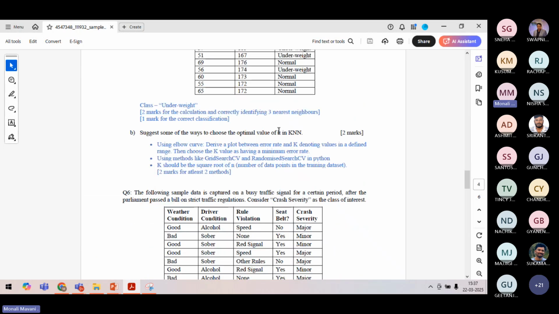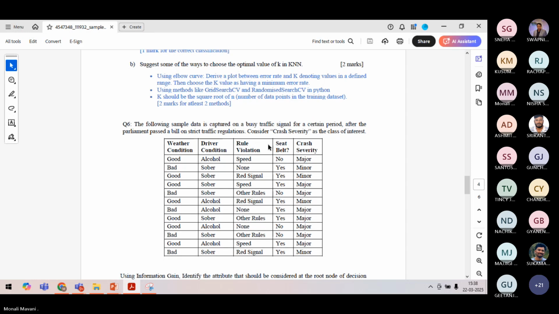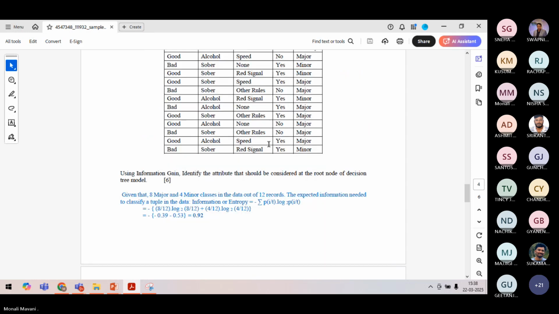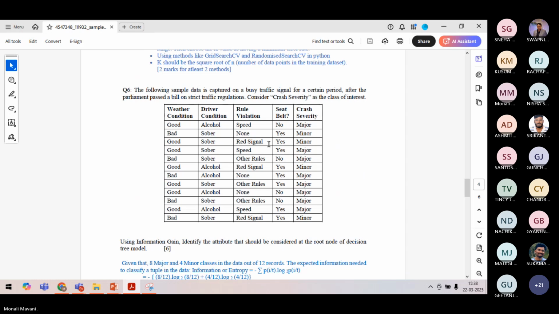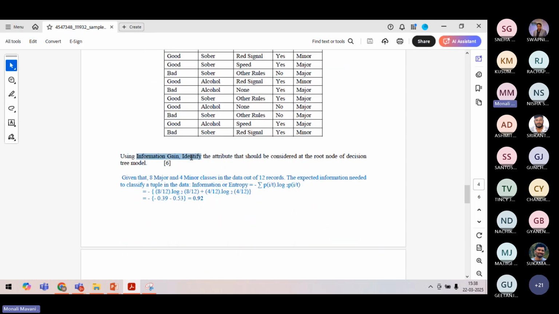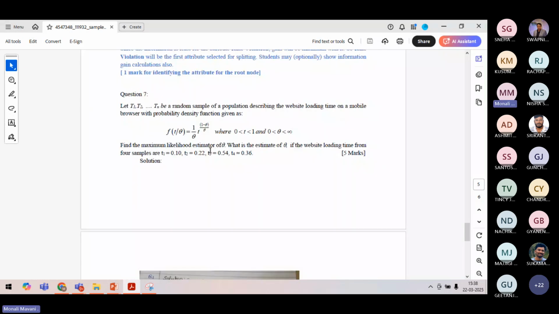KNN is a straightforward equation. This is information gain, so a decision tree based problem. The seventh one is on MLE.